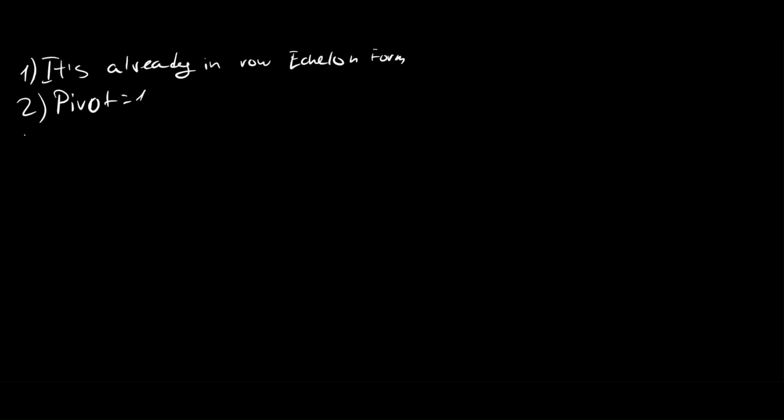The first condition is it already should be in the regular echelon form. The second condition would be that each pivot number equals 1. And the third condition is that each pivot is the only non-zero entry in its column.